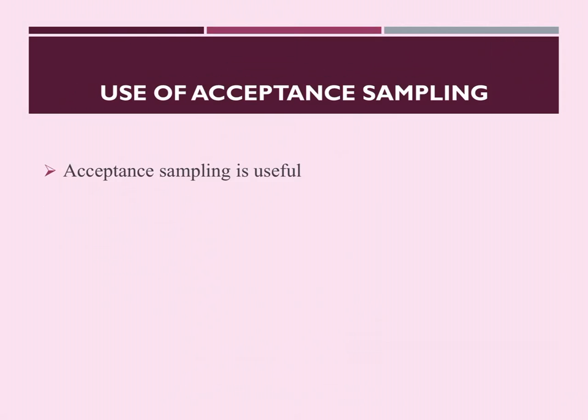Use of acceptance sampling: acceptance sampling is useful first when a large number of products are produced in a short time. It means in mass production there is a large number of products, so inspection of each part is not possible. In that case we can use this acceptance sampling method.